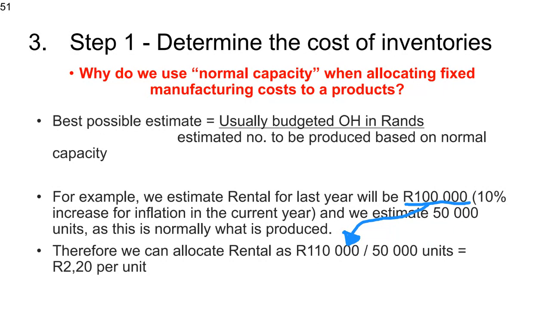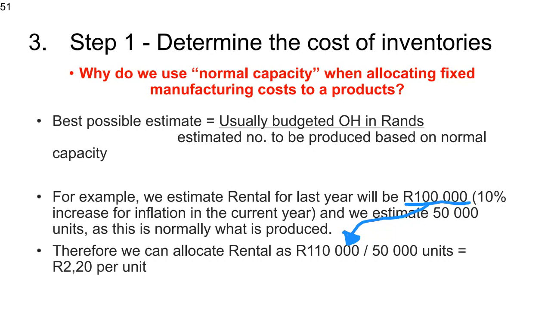So that's an indirect variable cost. Does that make sense to everyone? Just tell me if you understand. Electricity would be an indirect variable cost, whereas rental would be an indirect fixed cost. So rental is fixed, the electricity is variable.